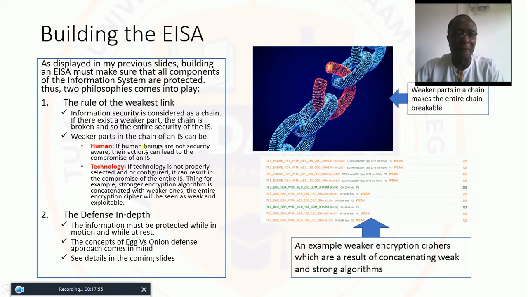The weakest links are the ones which are targeted by the hacker. For example, I want to attack a particular information system. I will check the strength of the password being used. I will check how the file is configured, and so forth.